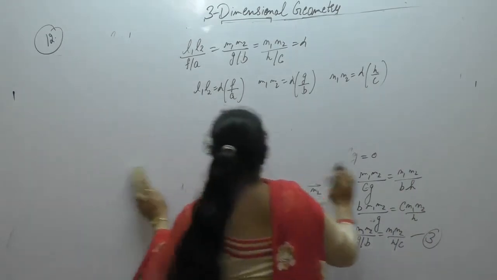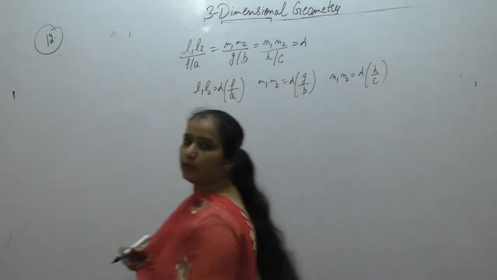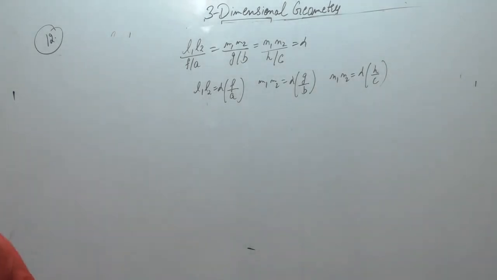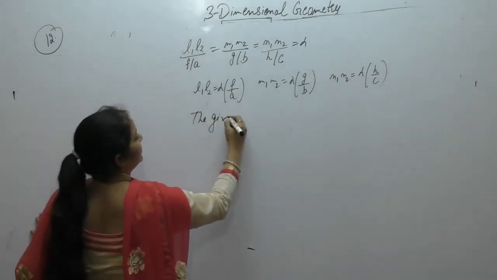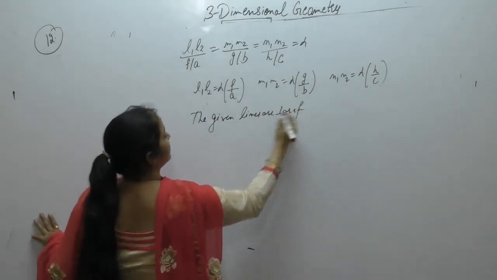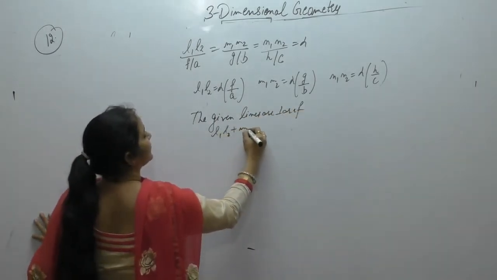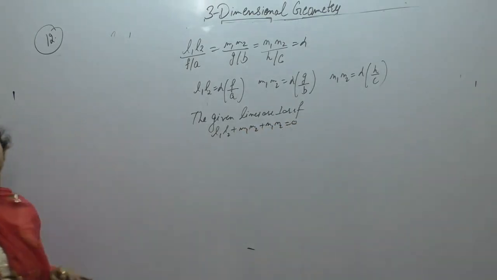Now two lines are perpendicular if L1 L2 plus M1 M2 plus N1 N2 is equals to 0. The given lines are perpendicular if L1 L2 plus M1 M2 plus N1 N2 is equals to 0.